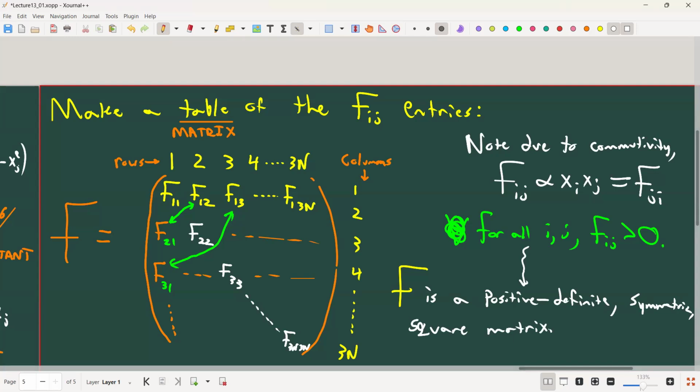There's a theorem in linear algebra that if you have a matrix that looks like this, you're guaranteed to be able to do something simple to it.